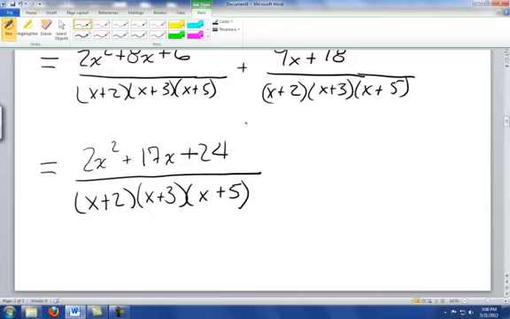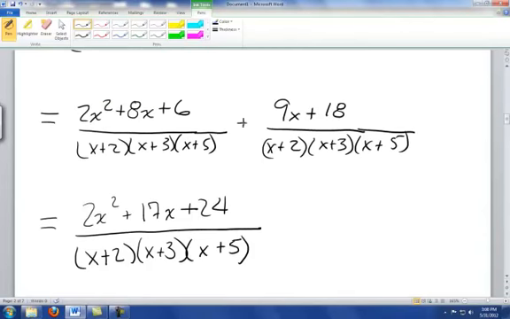So we've gone ahead and simplified these two rational expressions by adding them together. The process involved finding the common denominator, writing both in terms of that common denominator, then adding the numerators together, putting the fraction over that common denominator. Once we'd finished that, we checked our work to see whether or not it was possible to further reduce the fraction.